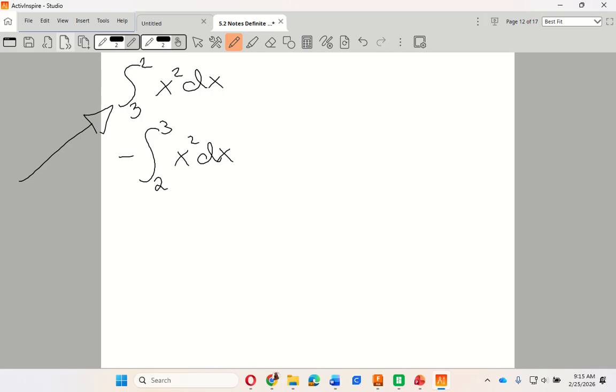So from here, I'm going to go with the antiderivative, which is x cubed over 3 from 2 to 3, and there is a negative out front. All right, let's do our math by plugging it in.